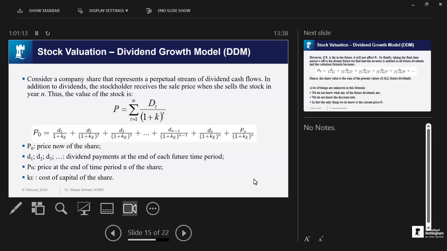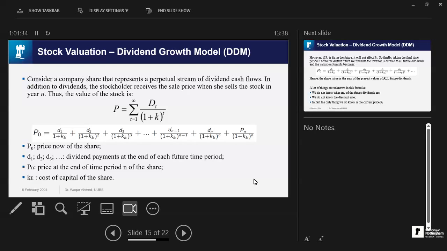So in the final year, you'll get Dn, the dividend in year n, but you'll also get the price in year n. Okay, good. So it's similar: dividends that you're getting plus the final payment when you sell the stock. But that's at time n.